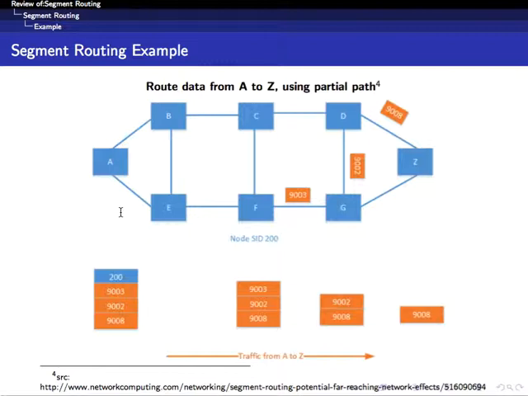It would contain the node ID with SID 200. So we'll take whatever the default routing policy is from A to F, and from F we'll take a specific policy for traversing edges 9003, 9002, and 9008. So this gives another example of the very flexible scheme that segment routing offers.